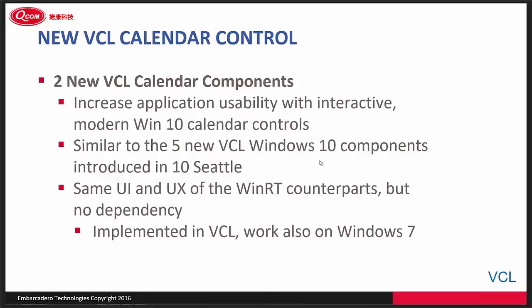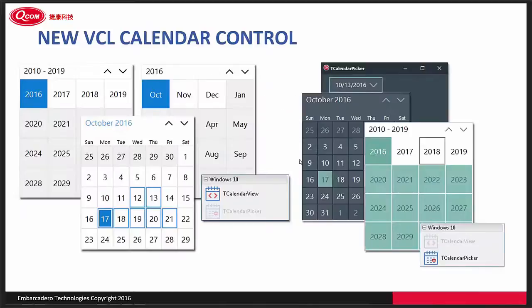There isn't a dependency on Windows 10, even if the look and feel is typically the Windows 10 look and feel. And specifically, this new control implements a modern calendar control that looks and behaves exactly like the WinRT counterpart, which is very different from the traditional Win32 calendar controls.